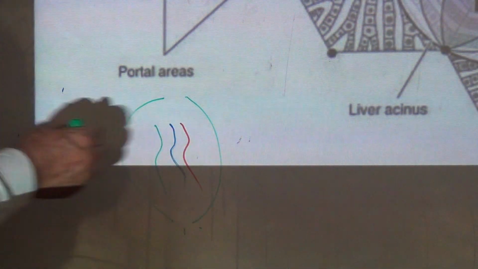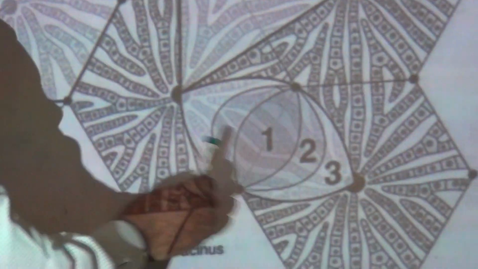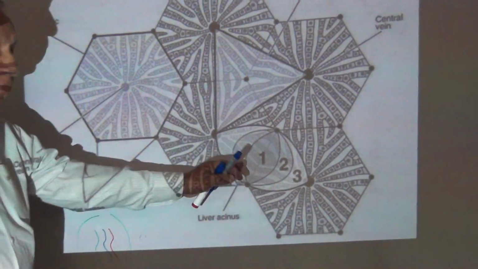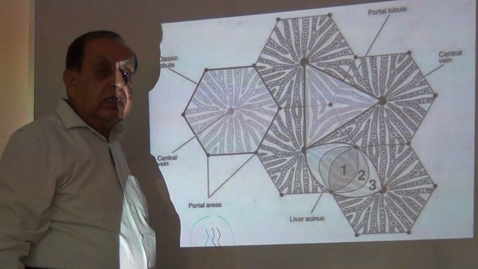So, this area shows that the terminal parts of the hepatic artery, portal vein, and bile duct are present in this area.